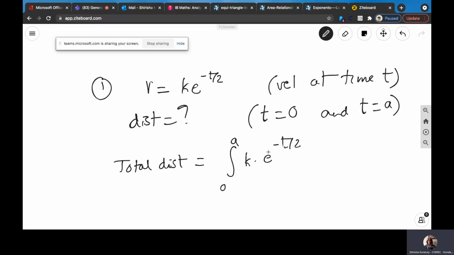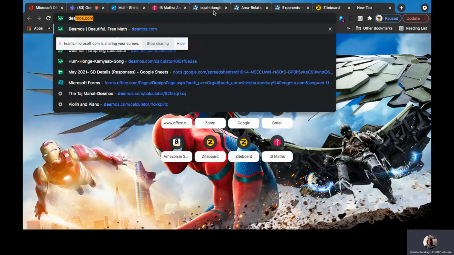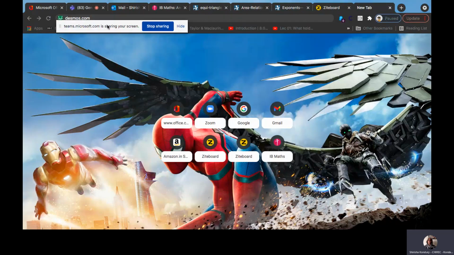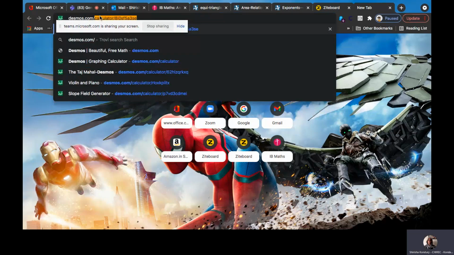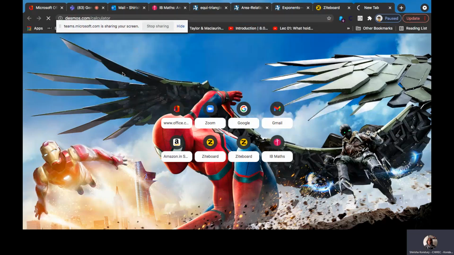We already know that the exponent is never negative in value. So I'm not worrying about where the graph is positive or negative, or whether I have to take the mod or not. If you want to verify this, let me graph it and show you. I don't have to worry about the k value because k can be anything.